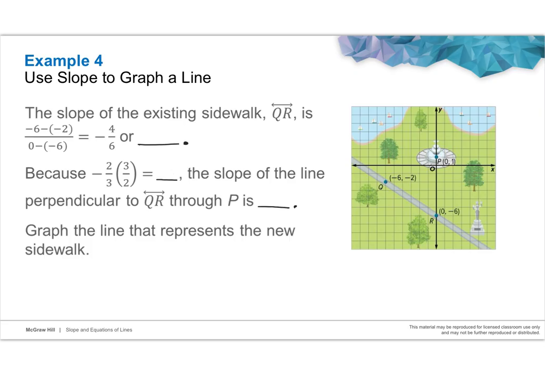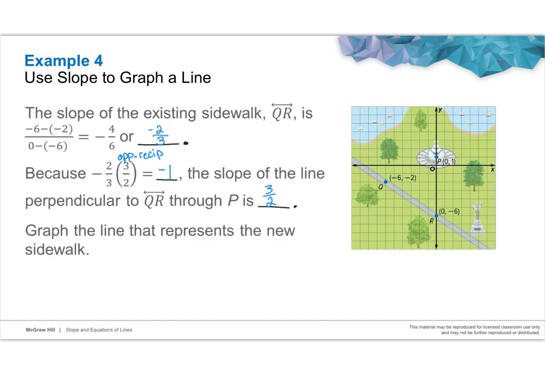That's -4 over 6, or if we simplify, -2/3. The opposite reciprocal of -2/3 would be 3/2, to give us a product of -1. The slope that goes through point P is going to be that 3/2.